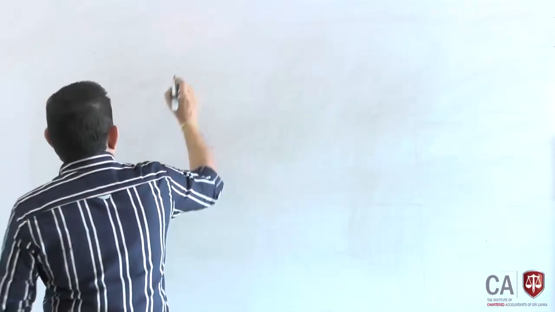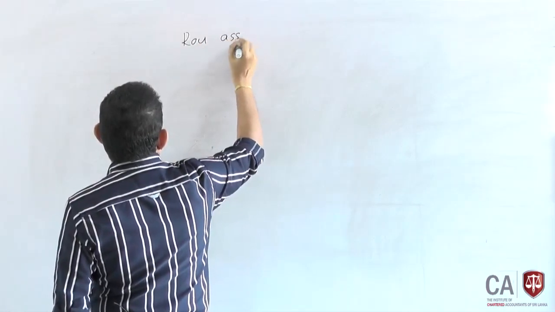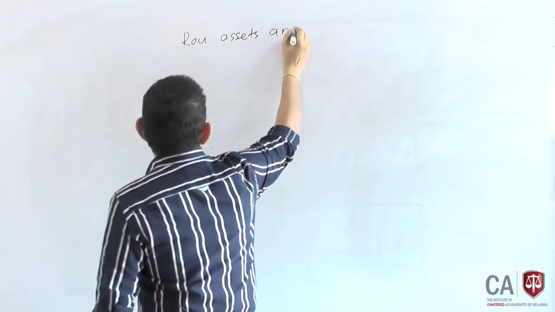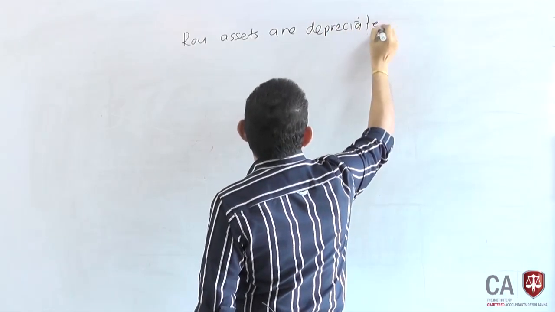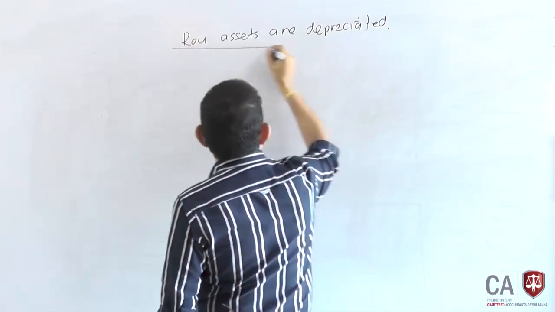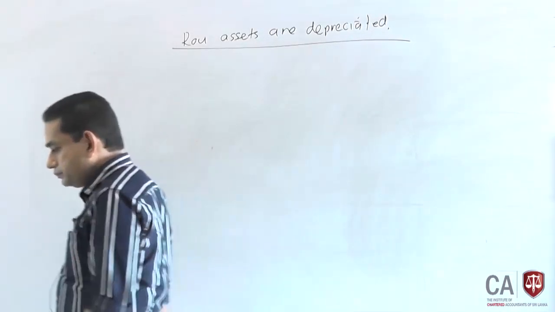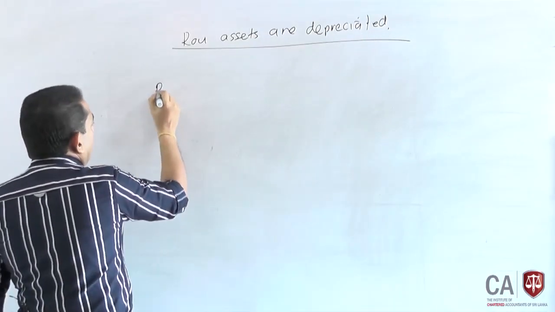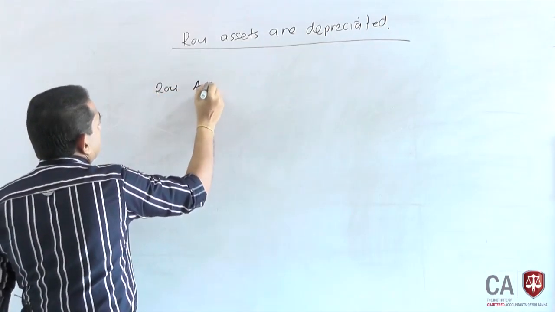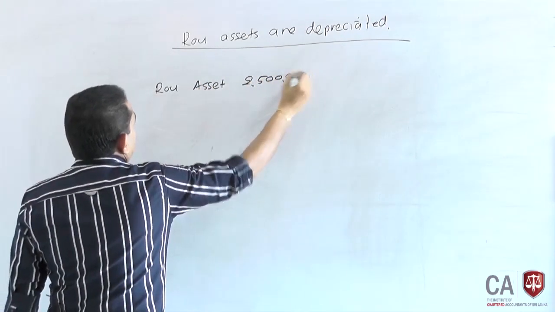Then let me explain how ROU assets are depreciated. ROU assets are depreciated. Now, the ROU asset is 2.5 million rupees.